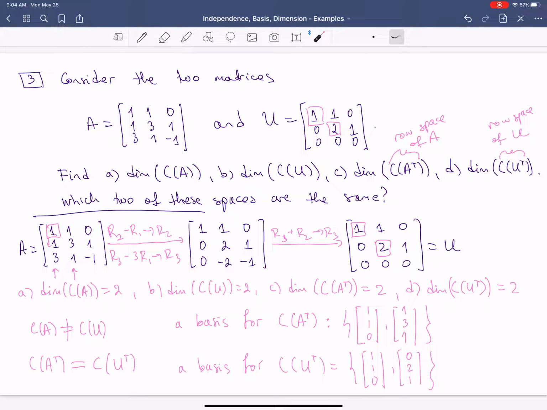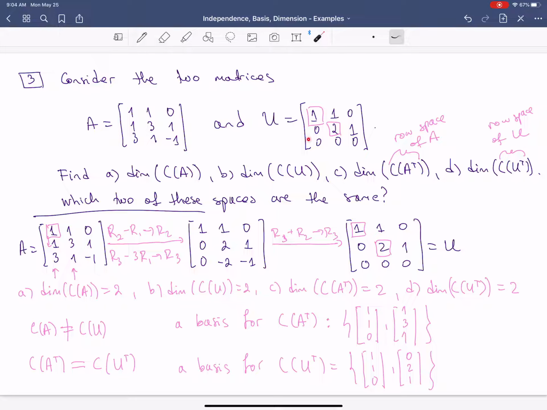Now, there is one other question to ask. Is it true that the row space of U, for example, is the same as the column space of U? The answer would be absolutely not. Why is that?